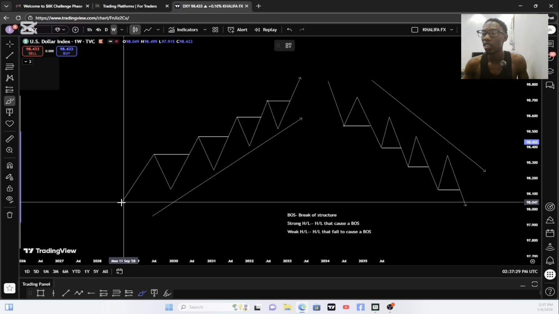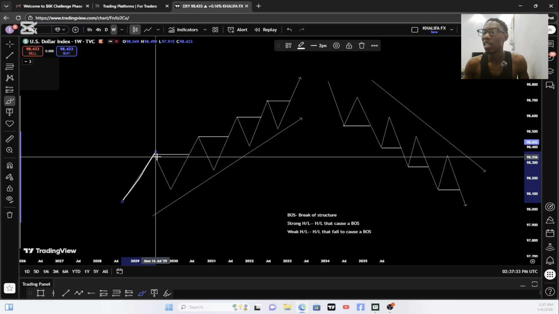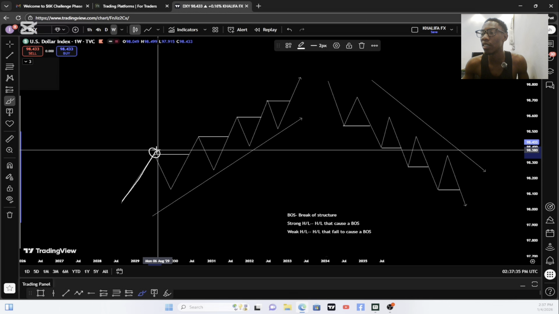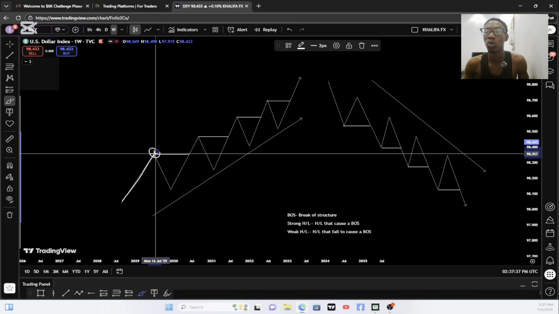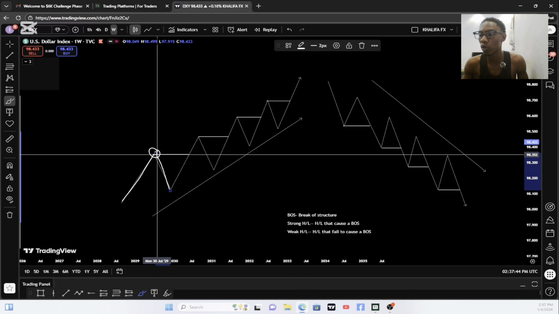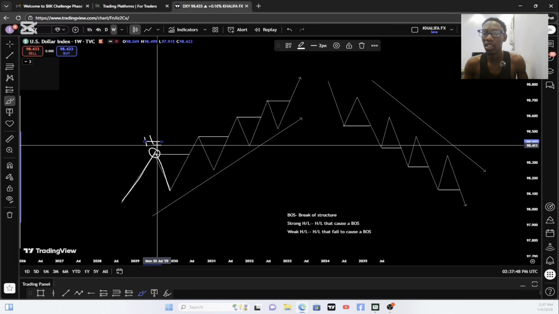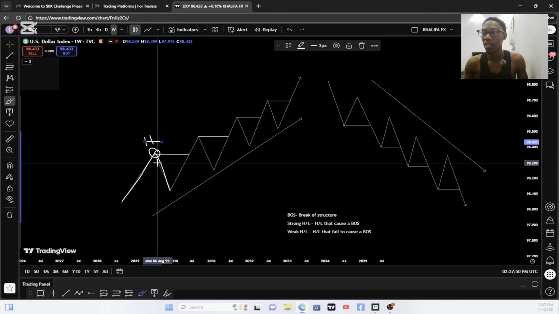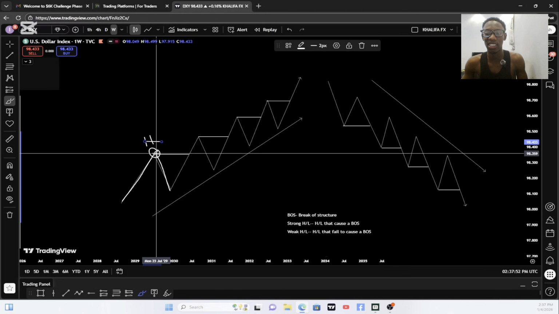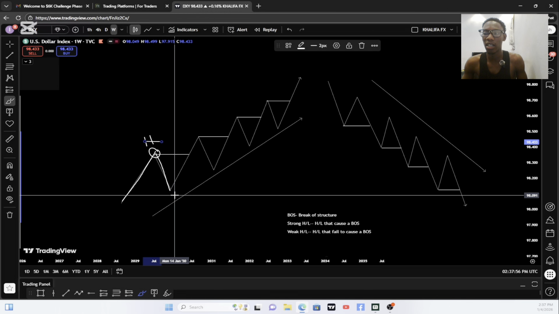Price started moving to the upside, and this is the highest place price moved to before it started pulling back to the downside. So this particular place is what we call a high. A high is the highest place price traded to before it starts to move to the downside.